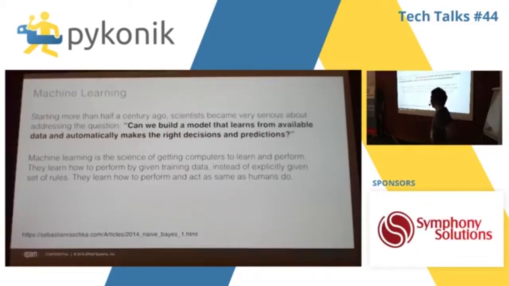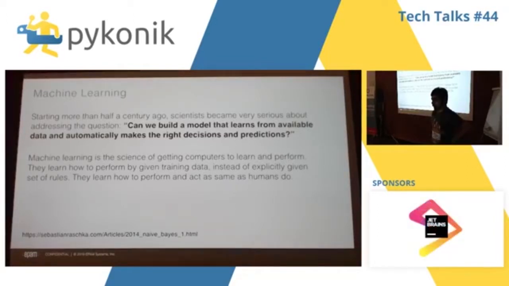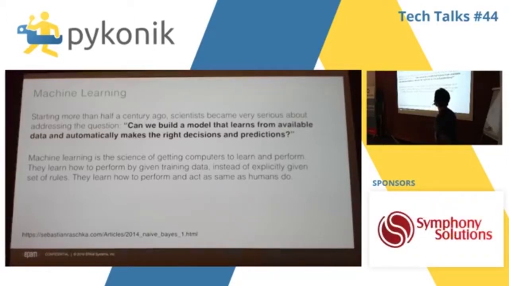So, machine learning. In the first slide, I tried to define what is text processing, and now I want to define what is machine learning. Starting more than half a century ago, scientists became very serious about addressing the question: can we build a model that learns from available data and makes decisions or predictions about it?